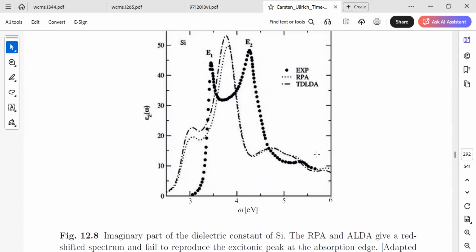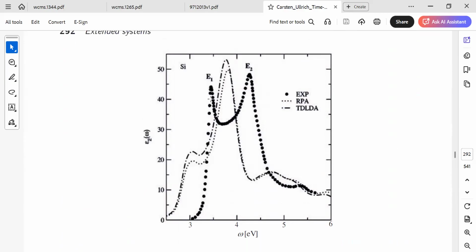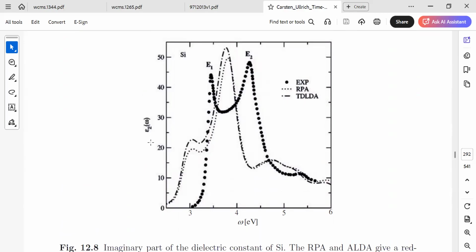Can we interpret our result based on this format? Yes. Here is another observation of the imaginary part of the dielectric function for the system.